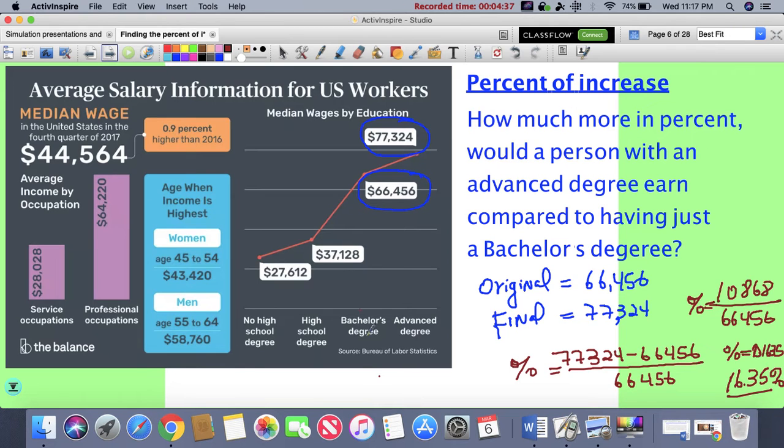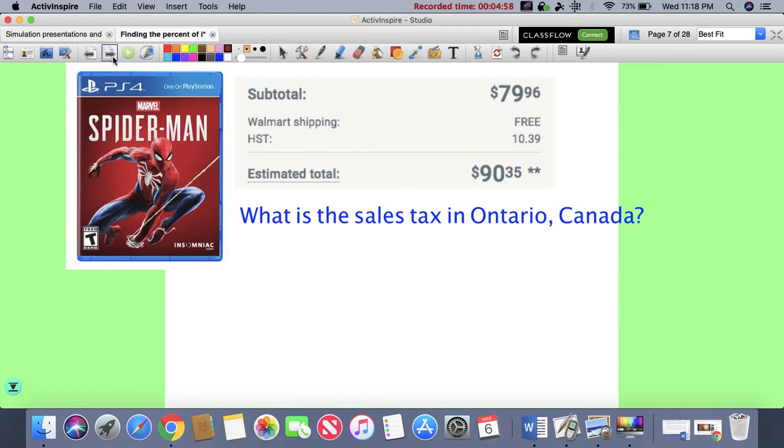Because we're moving the decimal. It's going to continue, but we're going to stop here, and then we're going to move this 1, 2 to the right, and you get 16.35%. Okay, we're changing a decimal to percent, so we have to go to the right.